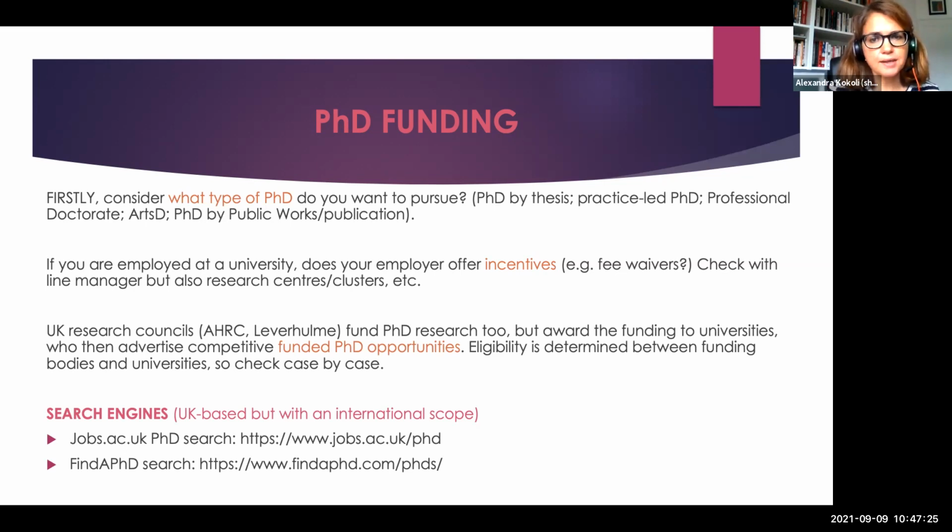So in what ways can your employer help you achieve that? Very often there are fee waivers if you decide to undertake your PhD study at your employing institution. Do check with your line manager, but also crucially, if there's any research centers or other research initiatives, clusters in your institution, ask them for advice.